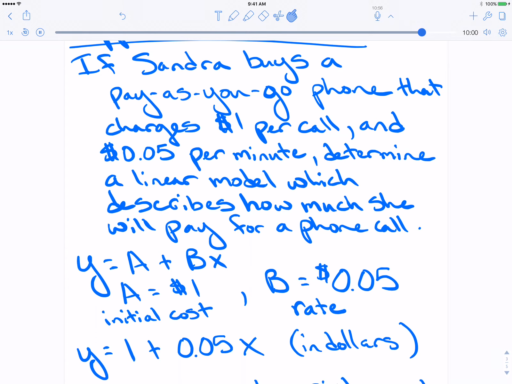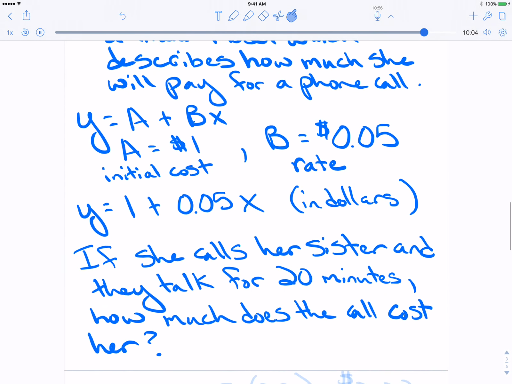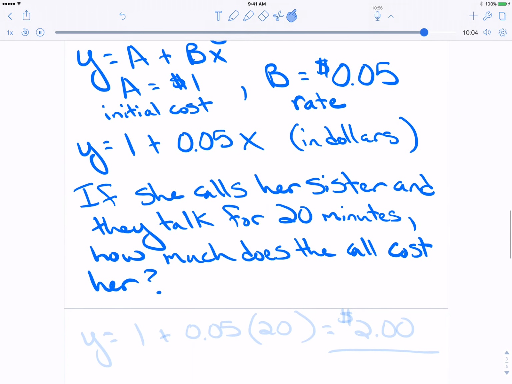Now, if we wanted to ask a question, so say she calls her sister and she talks for 20 minutes, then how much does the call cost her? Well, if it costs $1 to make the call and 5 cents for every minute, then the total cost is going to end up being, right, y is equal to the $1 plus the 0.05 times the 20 minutes, because that's a rate per minute.